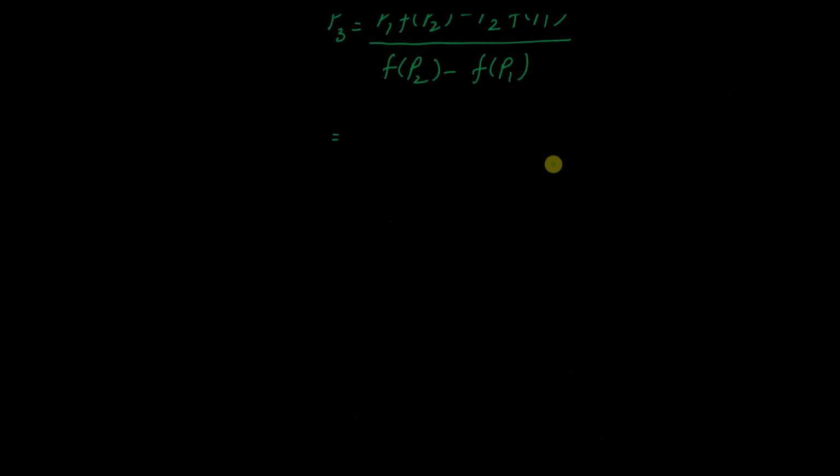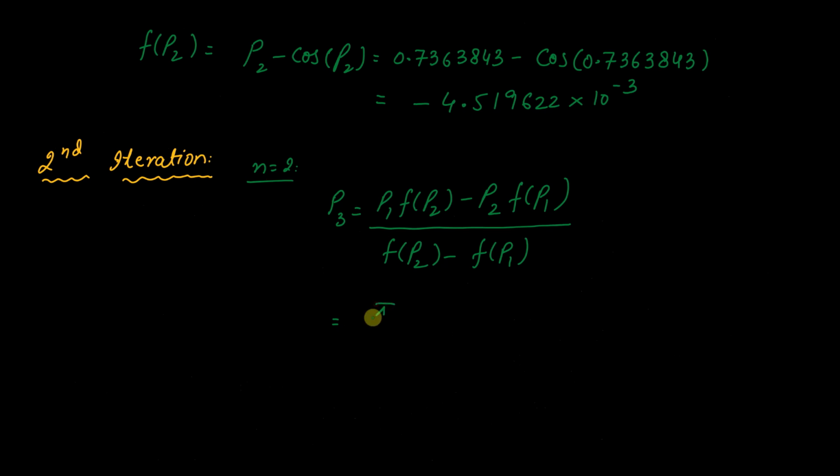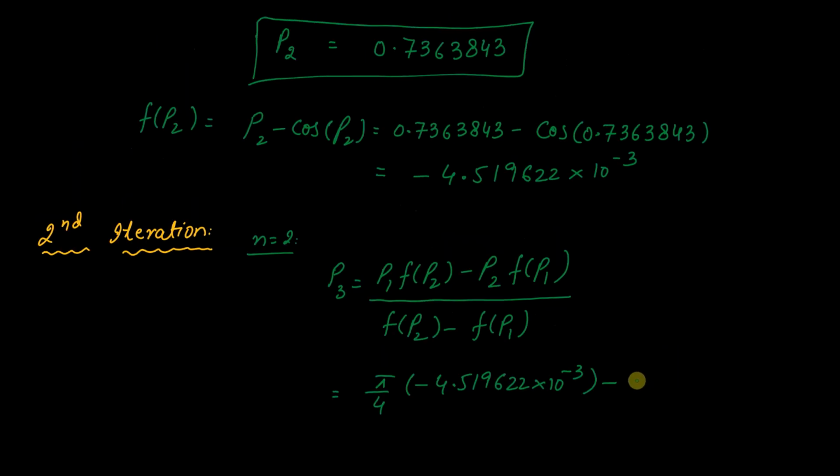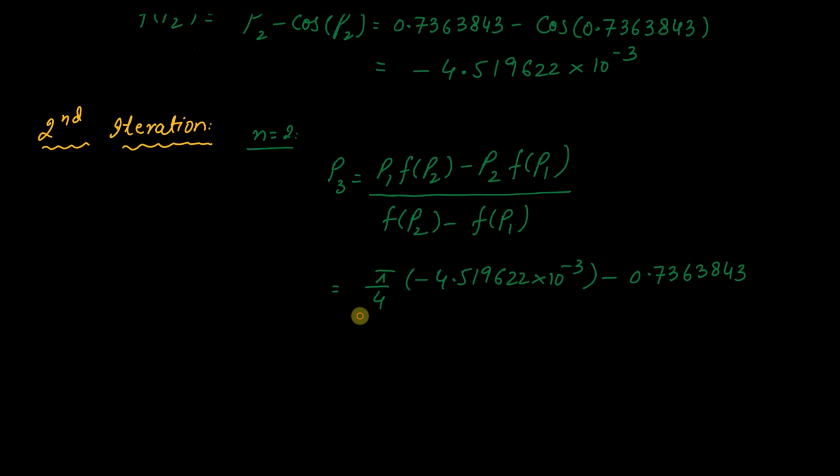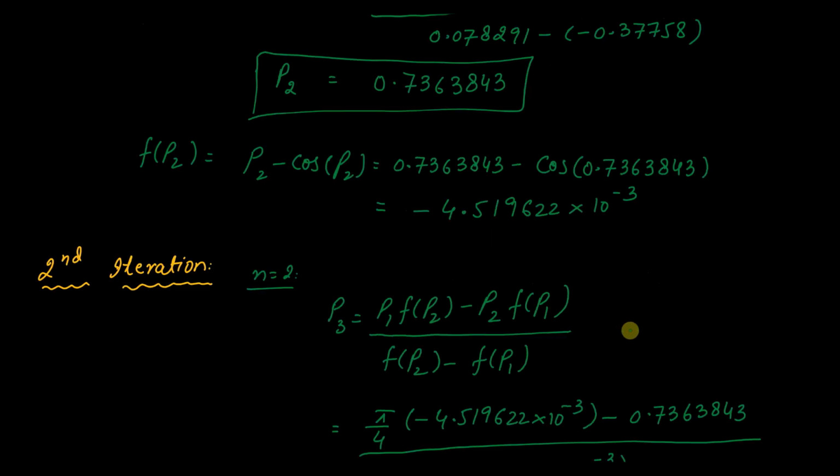This is the value, so we have pi by 4, and f of P2 is negative 4.519622 times 10 raised to the power minus 3, minus P2, for which we have the above value 0.7363843, divided by negative 4.519622 times 10 raised to the power minus 3 minus f of P1.